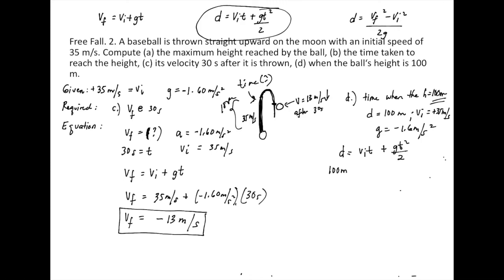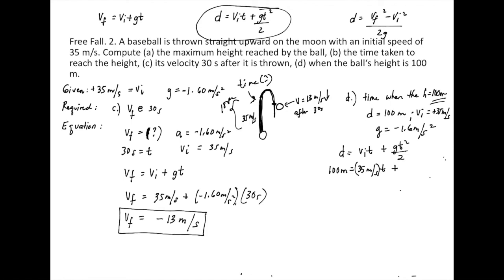100 meter, and then we have here the v_i. The value of v_i is positive 35 meter per second. We don't have the time, so times t, plus the g t.